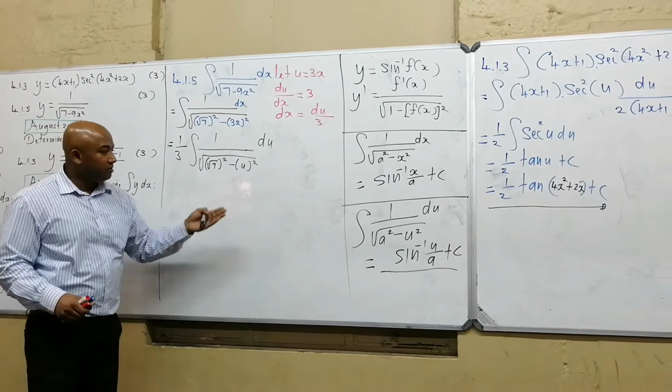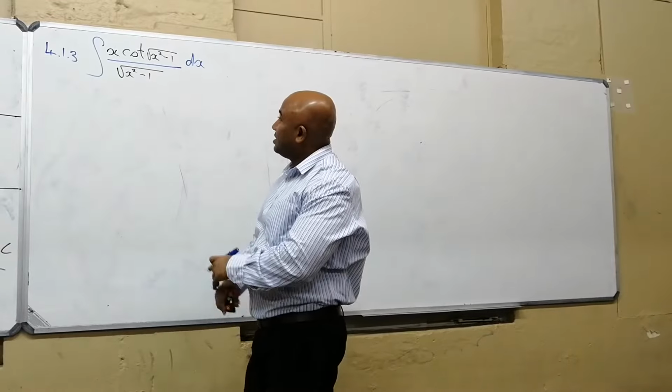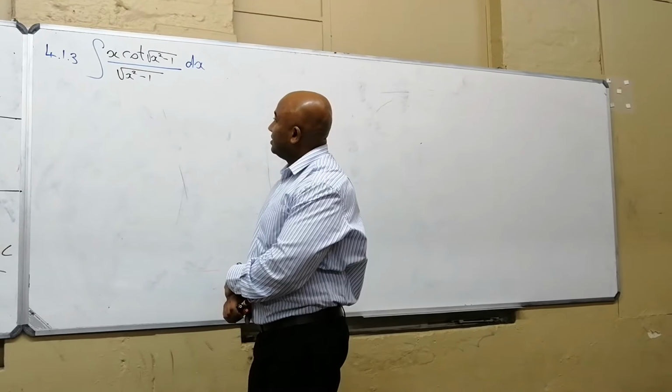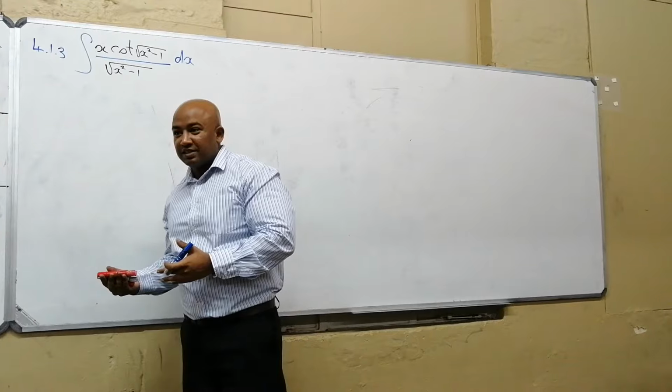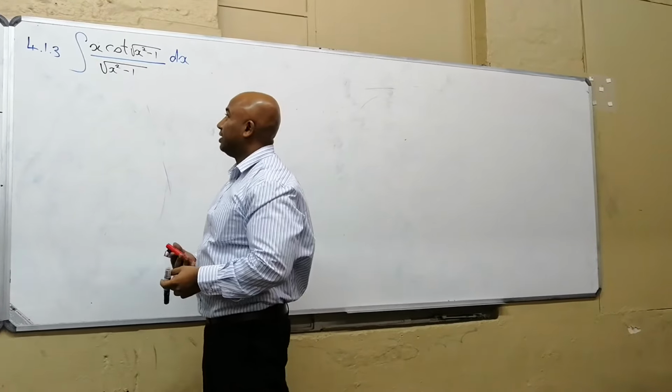The next one. So here, this looks complicated. You can see that because you got the square roots there. Now, is it integration by parts? What we must do is try to use substitution and see what cancels. Okay. So let's say you are not sure.